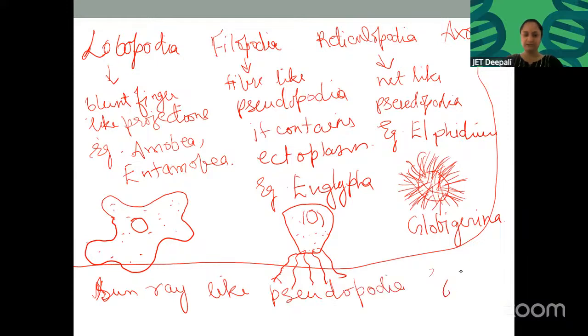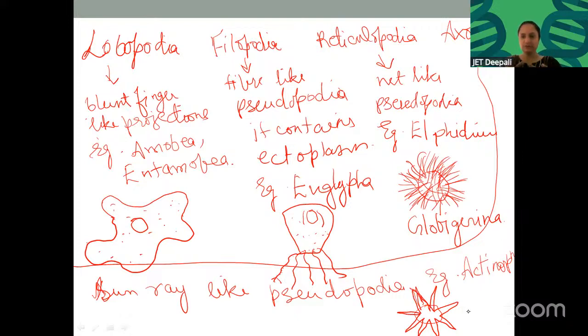Example, Actinophrys. Now how will you draw the diagram? A circle. You have to take out lots of spikes from this circle. This is like sunlight. Okay, this is Actinophrys. So these are the four kinds of pseudopodia.